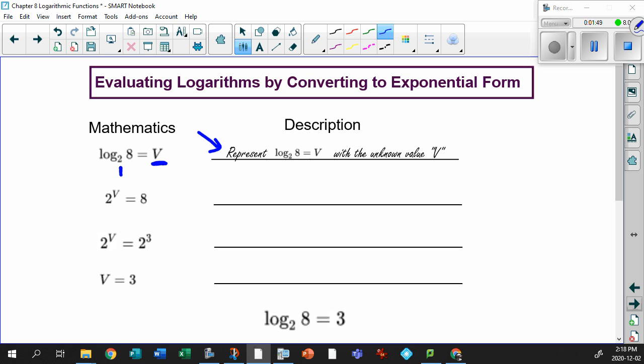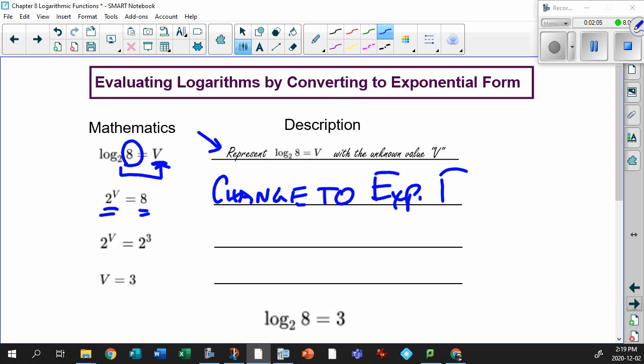Then you'll go 2 to the power of v equals 8. So what you're doing here is you're changing this into exponential form. Oh, that's easy.